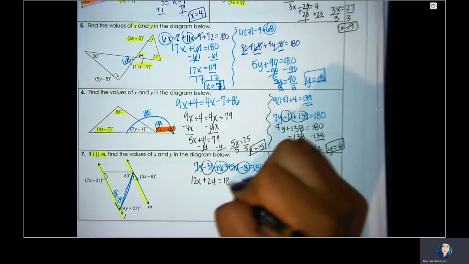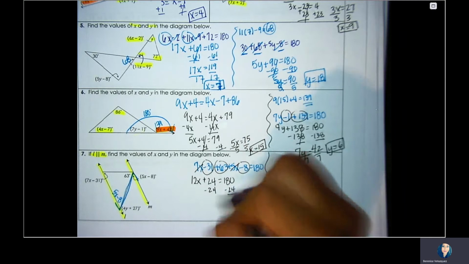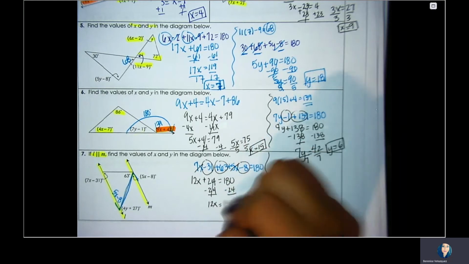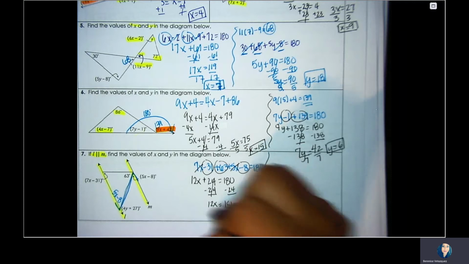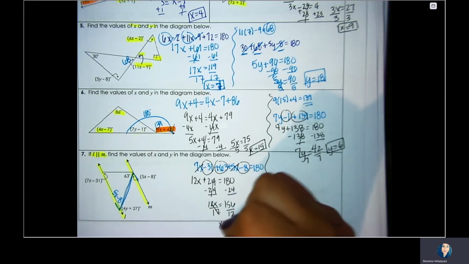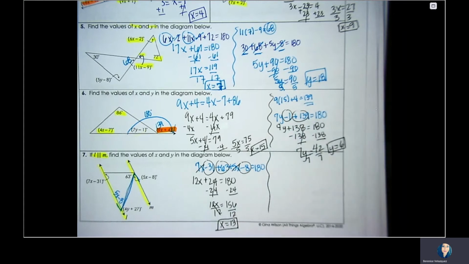All equal to 180 because it's a triangle. You're going to subtract 24 from both sides. 12x is equal to 180 minus 24, which is 156. Divide by 12. X is equal to 13. So there's the answer for X.